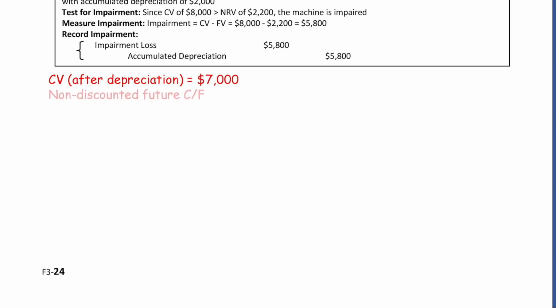The non-discounted future cash flows, and that's the number which is given on the example, is $3,600. And then fair value, which is nothing but the discounted future cash flows, is $3,000.